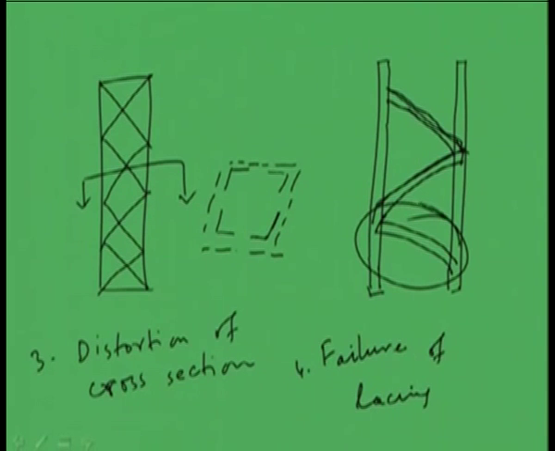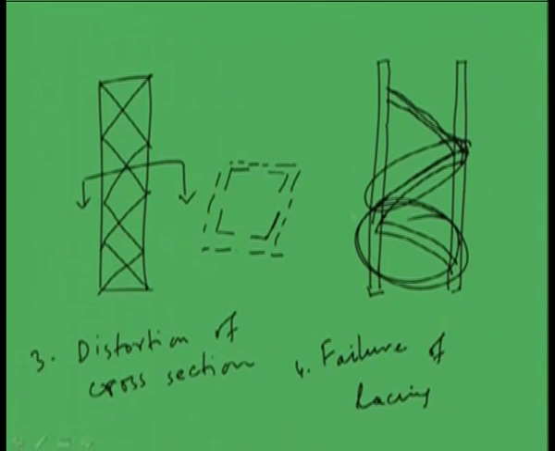That means it may be a local failure also, one member may fail, another member may not fail. It depends on how the load has been distributed and how the connection has been done. So, these are the 4 types of failure that happen in lacing systems.